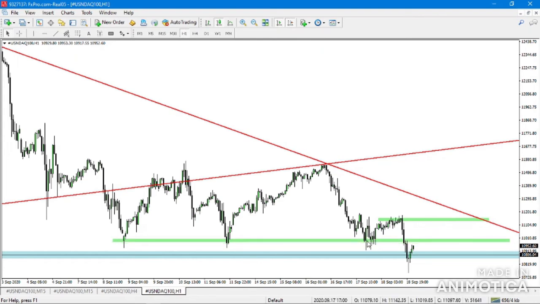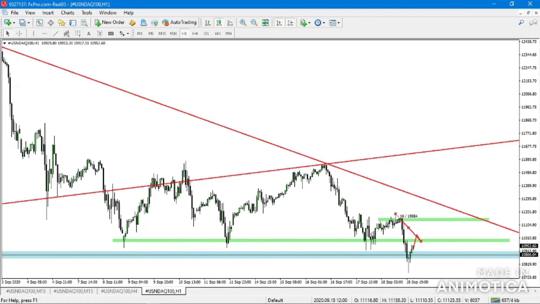Right, so she's currently approaching this level right here, so she could either break through that, and then retest this for a short-term buy, and then head towards the downside, right?